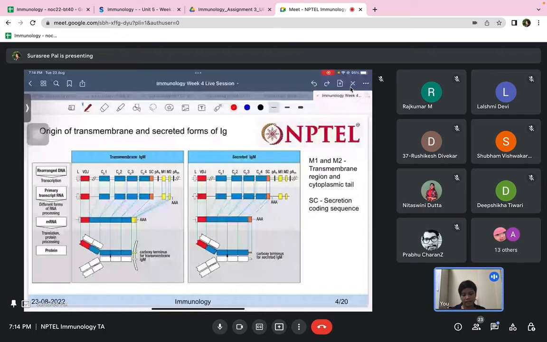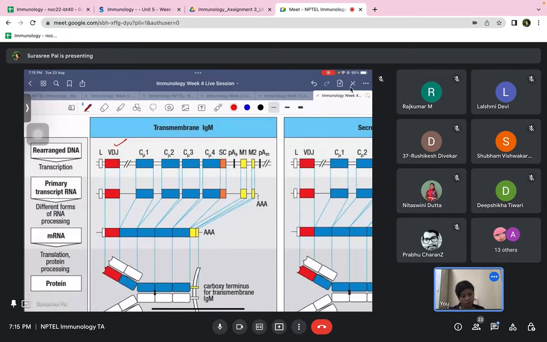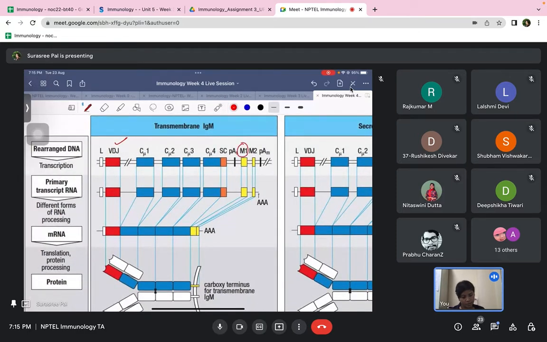Here you can see in the DNA that this VDJ region has already been recombined, and it is showing only the C mu regions, the constant regions of IgM. And you can see two sequences denoted by yellow, M1 and M2, and also another region which is SC.